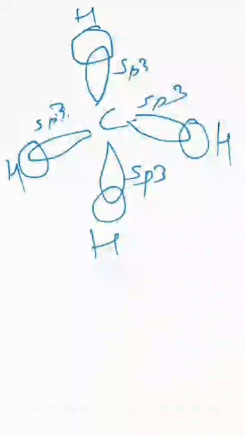So in case of methane, all four bonds between the carbon and hydrogen are formed by the overlapping of the sp3 hybrid orbital of carbon and the s orbital of hydrogen. And all four bonds are identical in bond angle and identical in bond length.